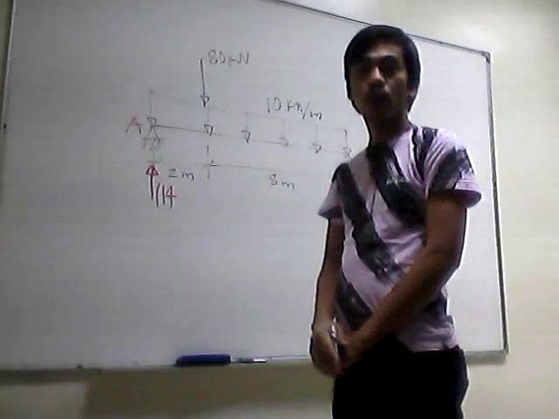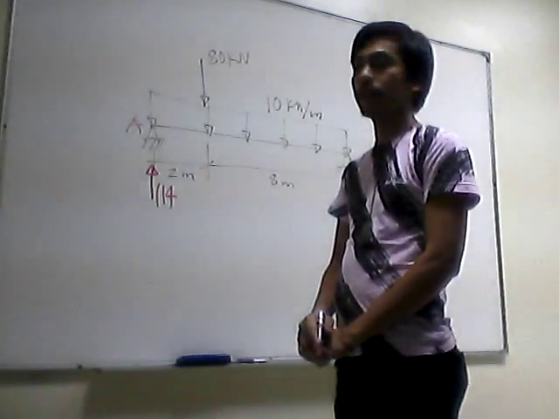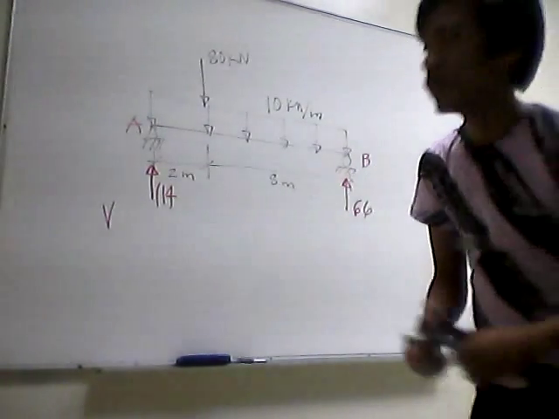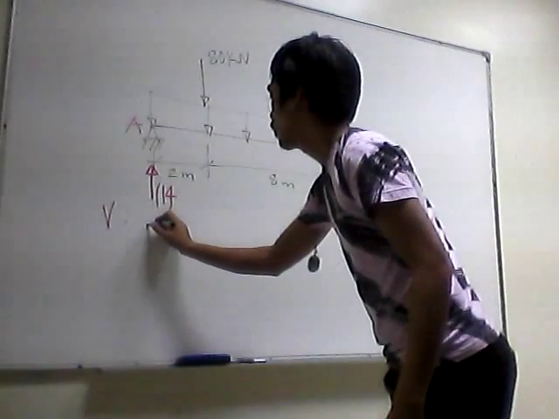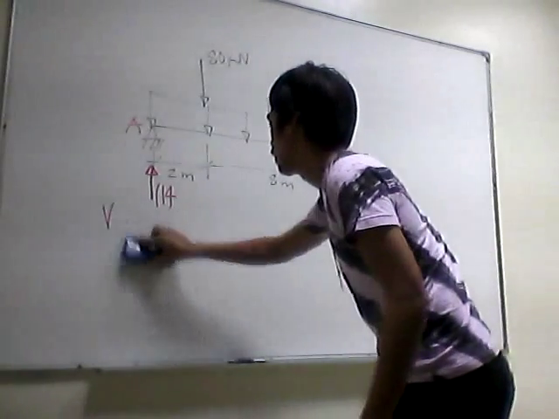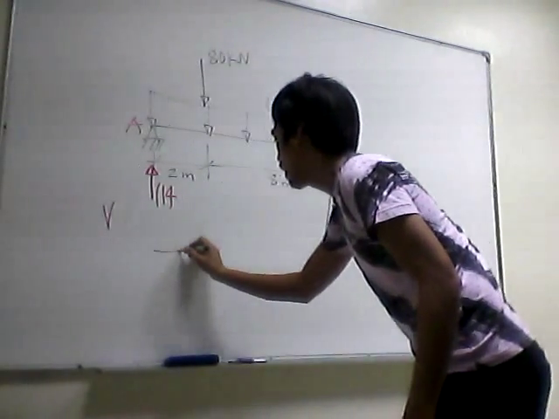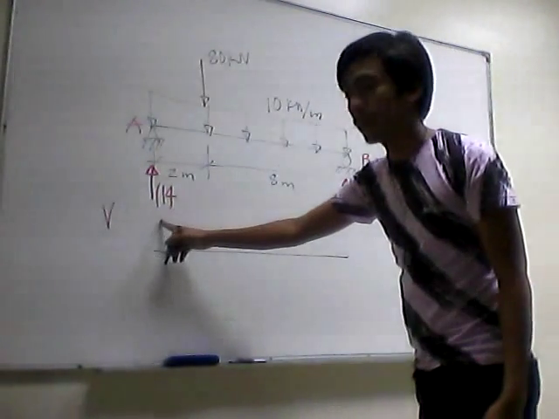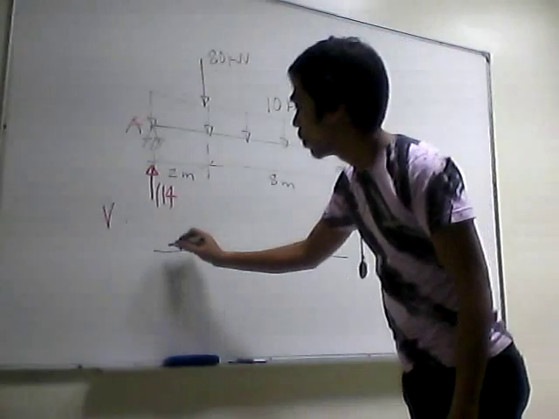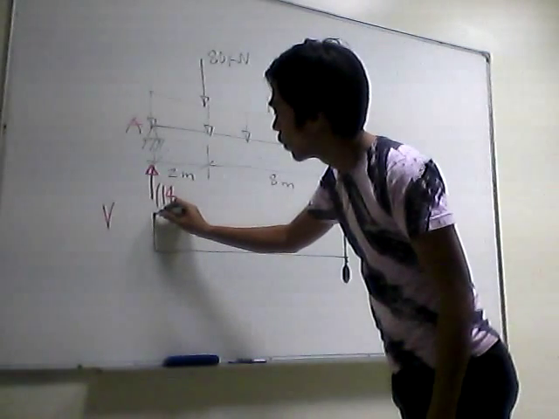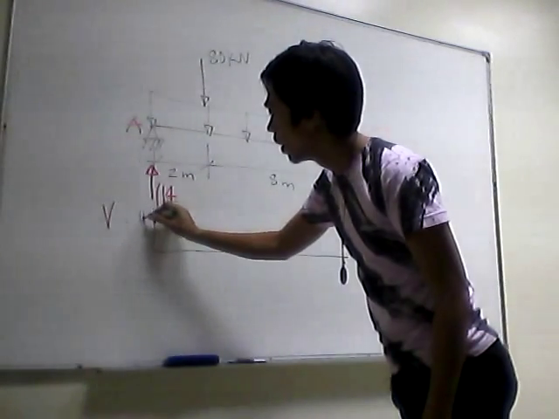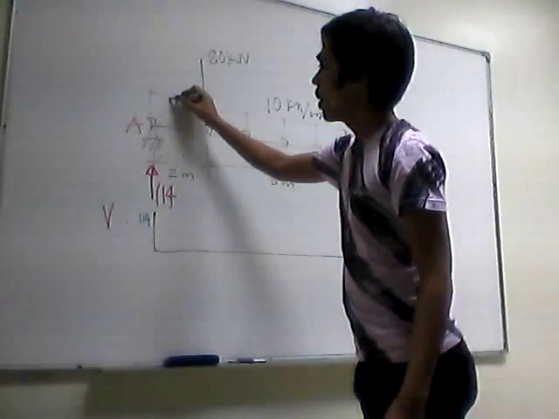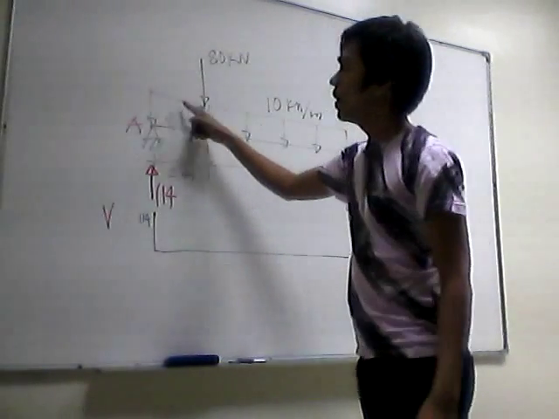We are now ready to draw the shear and moment diagram. First, we are going to draw the shear diagram. So again, we are going to draw the horizontal line here, showing the length of the beam. First, we have 114 upward. At 2 meters, we have a uniformly distributed load here.